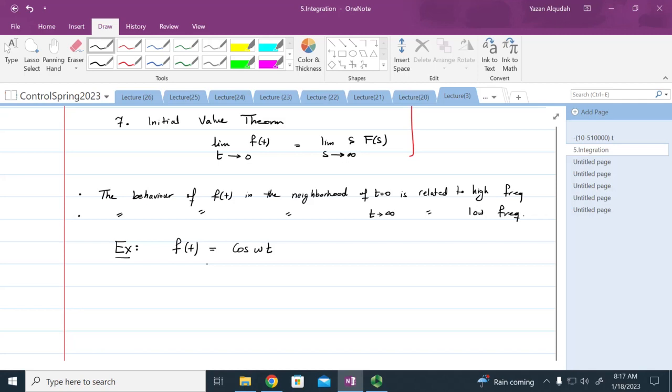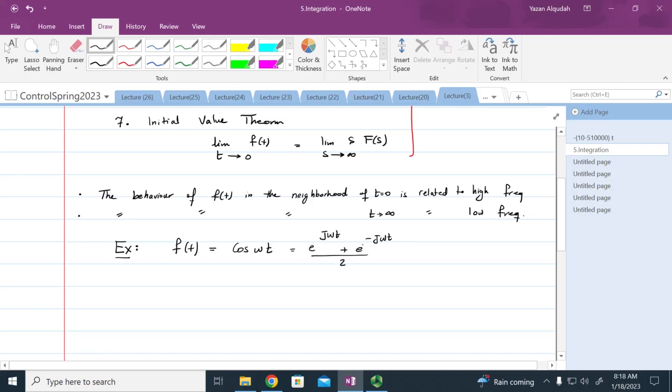When you have a cosine, what is the first thing that will come to mind? Besides the sine. The sine is not helping. We can write it as e to j omega t plus e to negative j omega t, divided by 2.